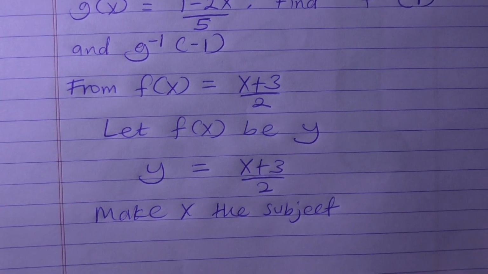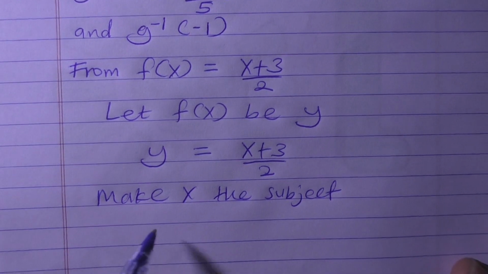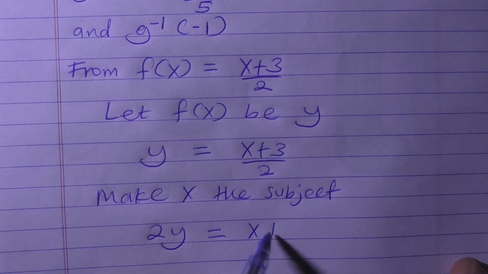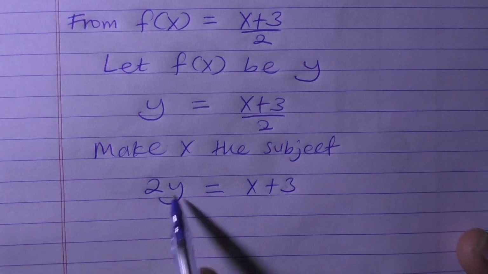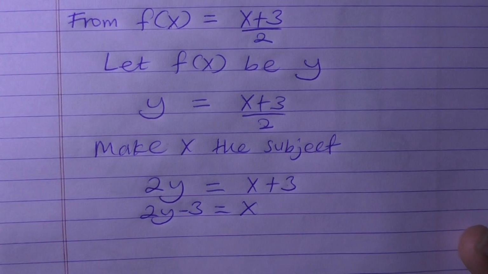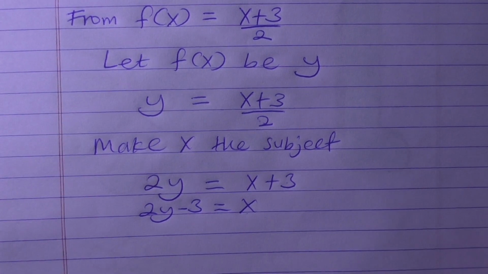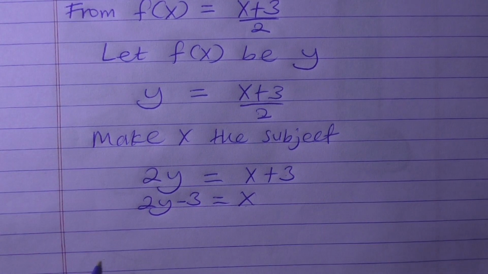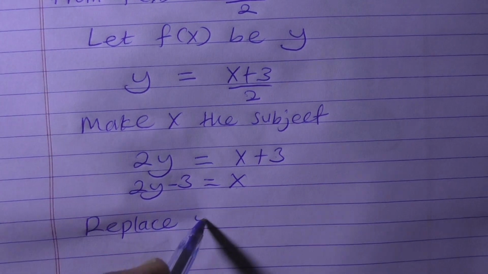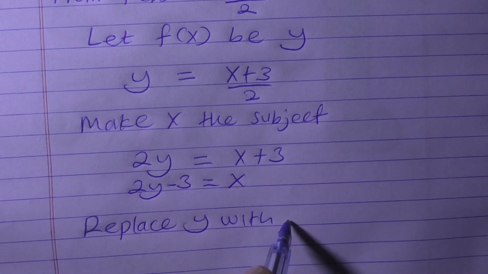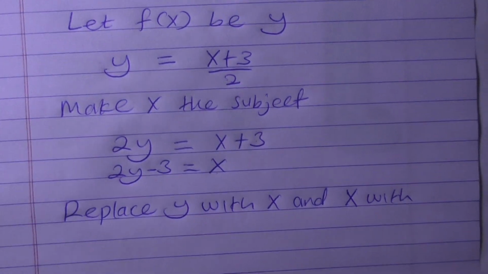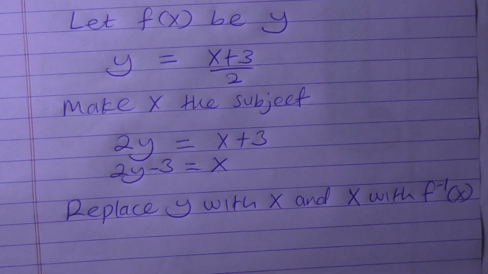Step 2, we make x the subject. So from here, we shall multiply through by 2, which gives us 2y equaling x plus 3. Then we take this 3 the other side, which gives us 2y minus 3 equaling x. So we've made x the subject. We are remaining with only one step and the final one, that is replace y with x and x with the f inverse of x.